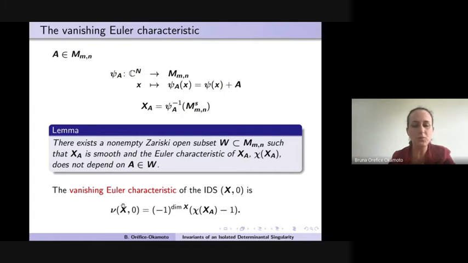I denoted by nu. Nu of X_0 is equal to (-1)^{dim X} times (the Euler characteristic of X_A minus 1). This is the same as the Milnor number if you are working with ICIS, because this would be the Milnor fiber.